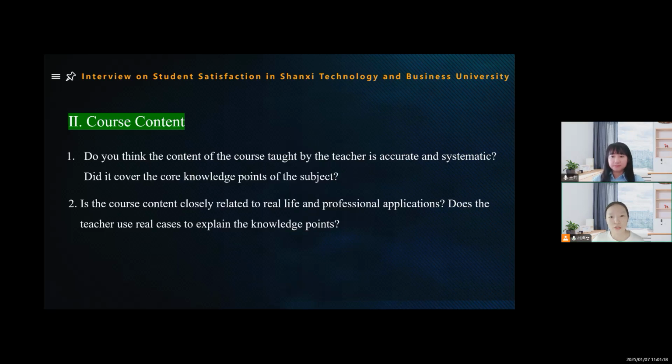Through such actual cases, we can clearly understand the concept and operation methods of market segmentation, as well as how to formulate effective marketing strategies based on market characteristics.